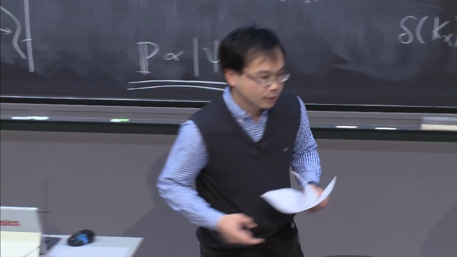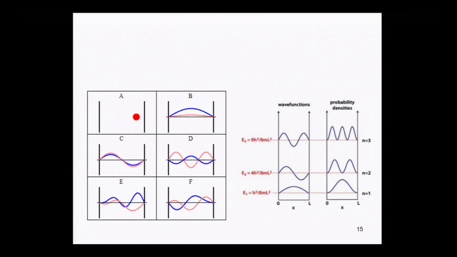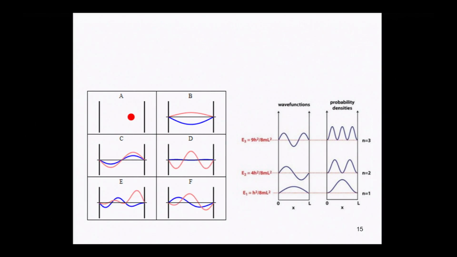And you can see that, given the dispersion relation, this is a rather dynamical result. The real part of the wave function is blue, and the imaginary part is red.